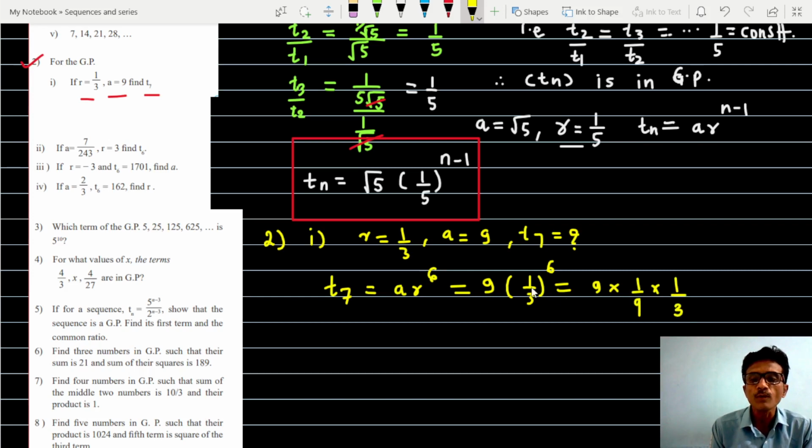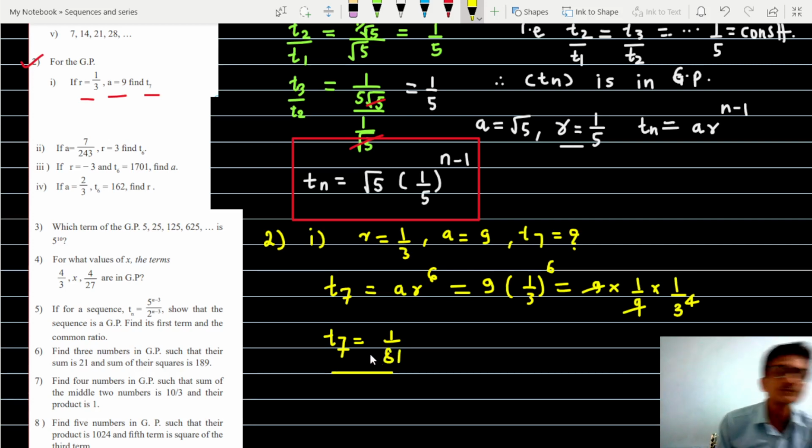From here we reduced 2 powers, so the rest is power 4. So this 9 and 9 are cancelled and finally T7 is equal to 1 upon 3 raised to power 4, that is 1 upon 81. Done. It is 1 upon 81.